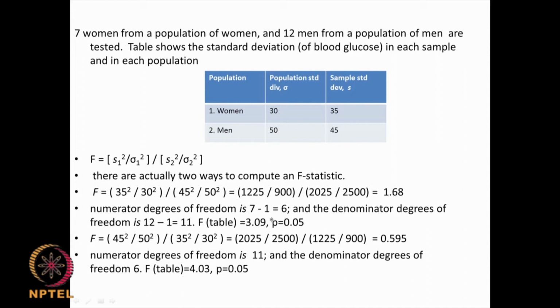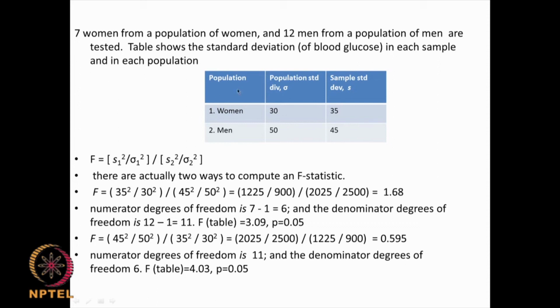So, I compare 3.09 with 1.68, and I cannot reject the null hypothesis because the F calculated is lower than the table F. And if I put the men variance on the top, then I will get 0.595, this is the calculated F value and the table F value is 4.03. So, I cannot reject the null hypothesis. So, either way I cannot reject the null hypothesis.